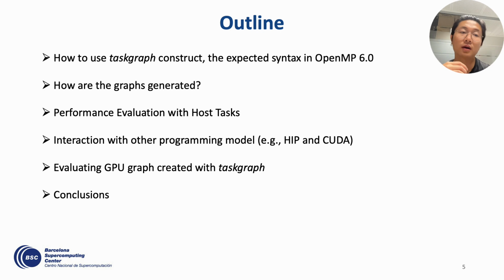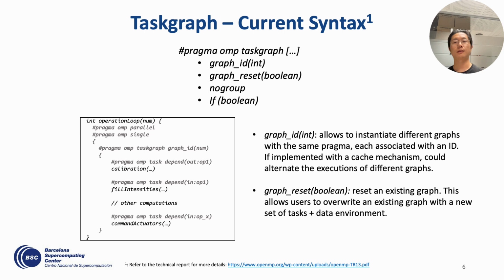Also, I will give the performance numbers of these graphs with the host tasks first, and we will see how we implement the mapping of the host graph to the device graph using the LLVM compiler, and then a set of evaluations of the device graph with the GPUs before we conclude in the end.